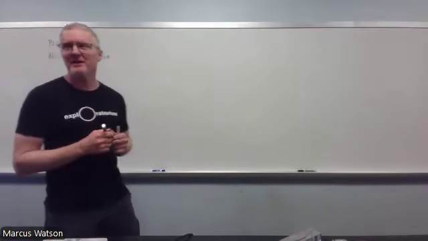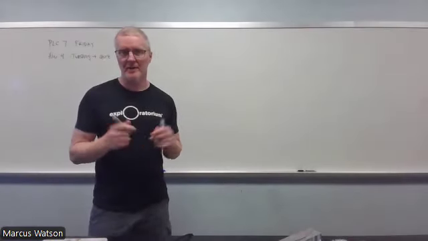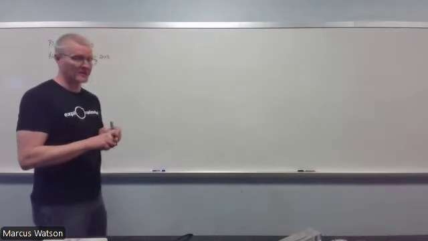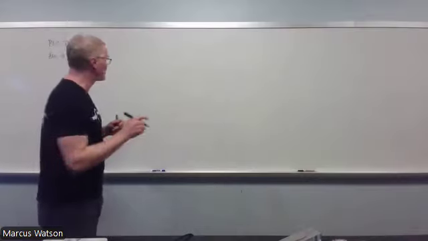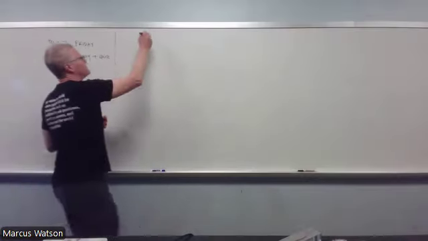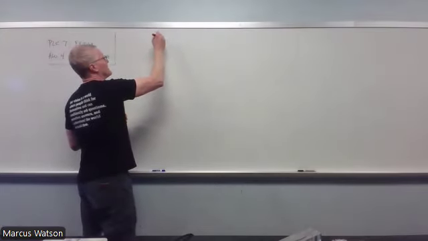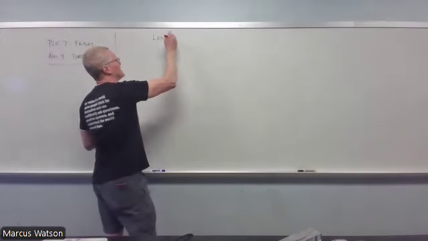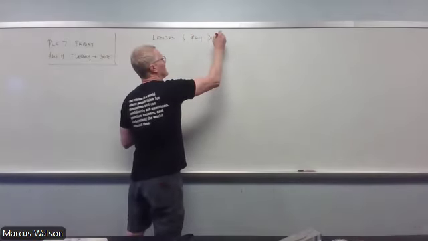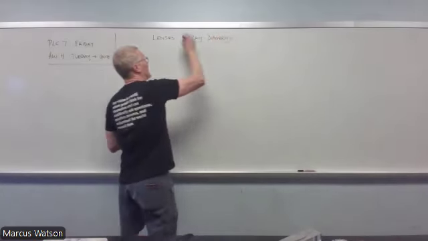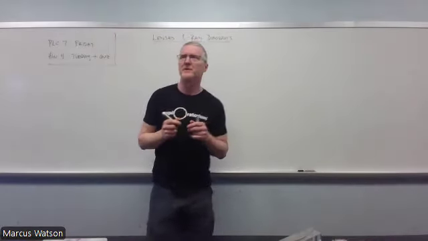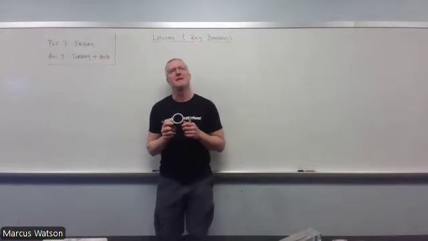What I'm going to do today is start getting on to ray diagrams for the lenses, and we're going to talk about converging and diverging lenses and ray diagrams. So let's get started on that. And at the end, we're going to go through something else that helps us figure out the focal lengths of lenses.